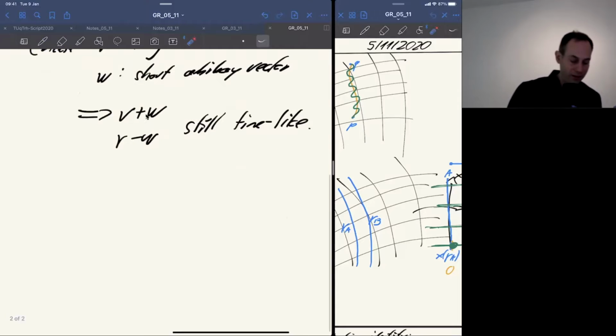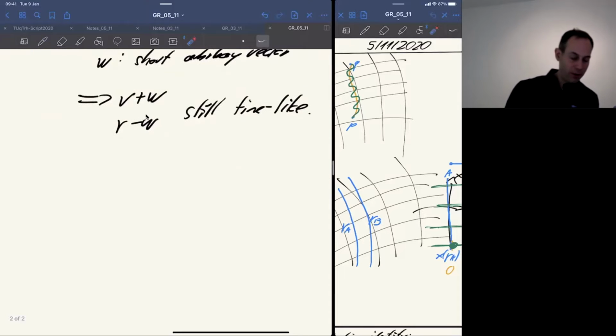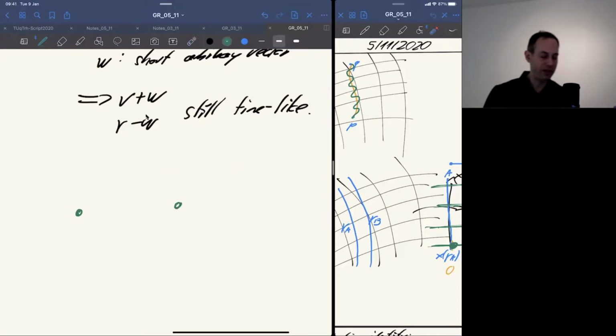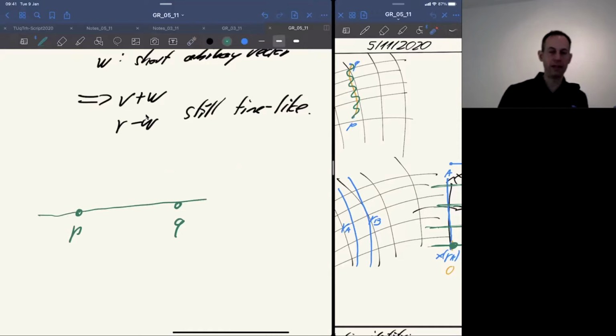So what that means physically is the following. Let's suppose we have two events. I said we can only measure distances between events, but let's suppose I have a notion of simultaneity introduced. I already said this is the first artificial choice, but let's suppose we have somehow done this.